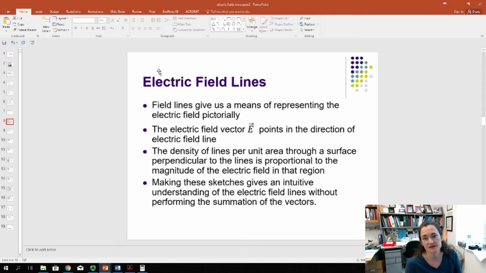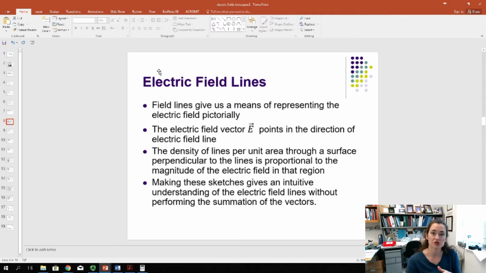The field lines give us a means of representing the electric field pictorially, and they're really helpful, especially in the beginning stages when you're setting up what the electric field might look like for a charge configuration. So there's a few simple rules to remember. The electric field vector E is going to point in the direction of the electric field line.